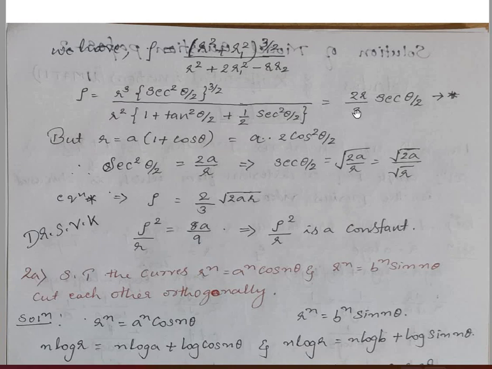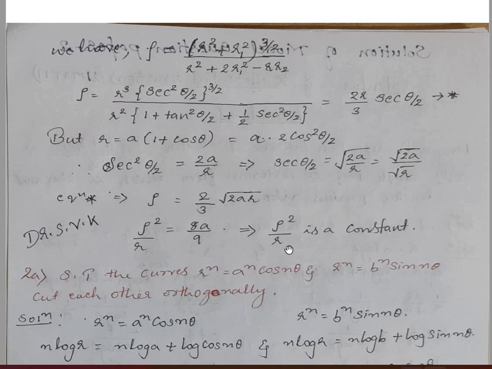So substituting that value in the star equation, star becomes rho equal to 2 by 3 times square root of 2ar. Squaring on both sides, I am going to get rho square by r equal to 8a by 9. So 8a by 9 is a constant. Therefore, as they have asked to show that rho square by r is constant, I have proved that part.